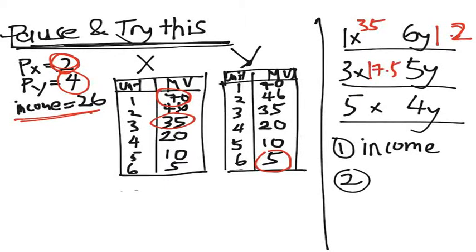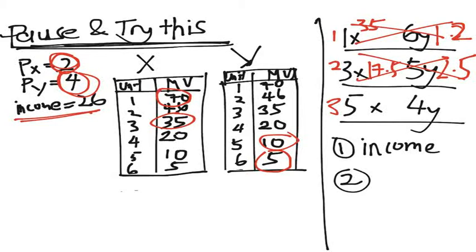And if it's 5Y, it's 10 divided by 4, which is 2.5. Let me see, 2.5. Yes, 2.5. Okay, so for the first two cases, the MU over P is not the same. So these two can be eliminated.